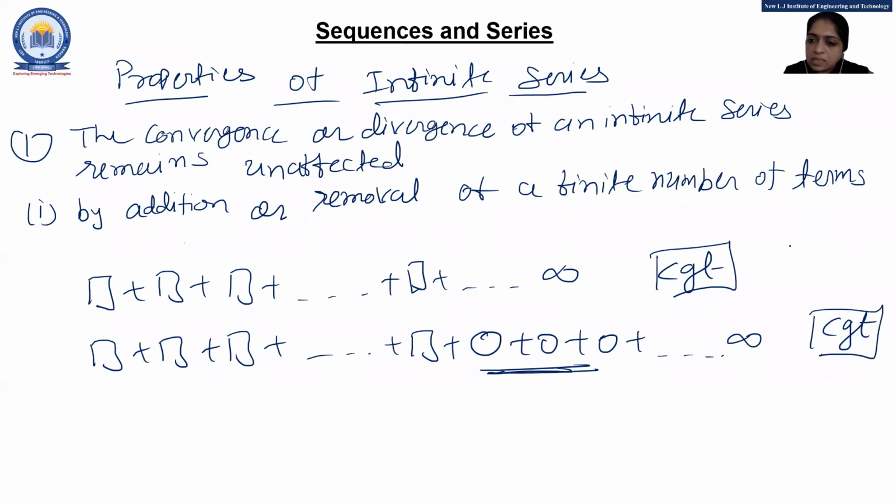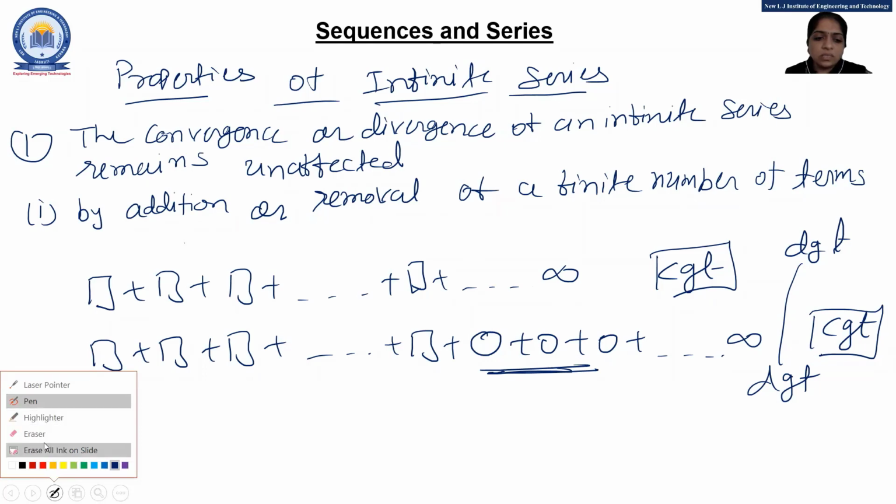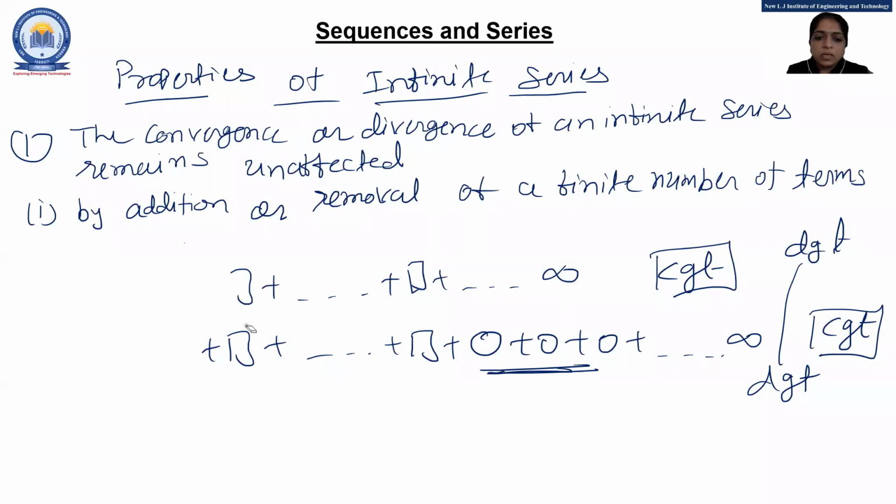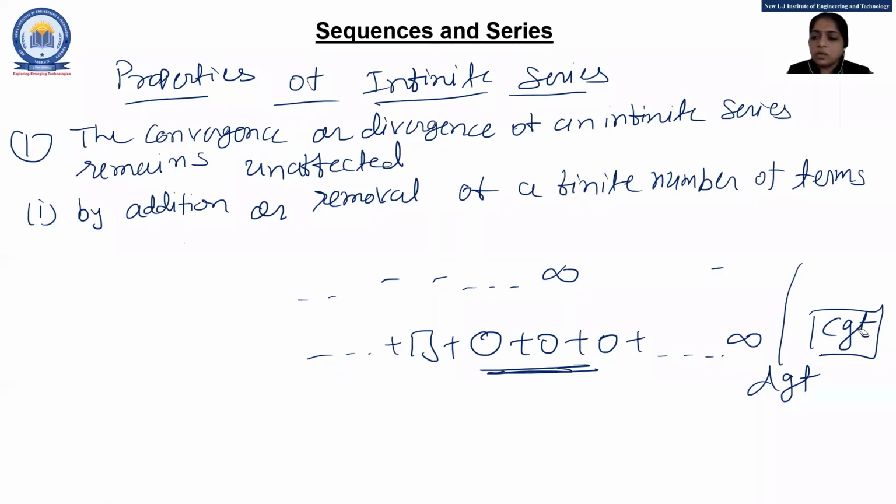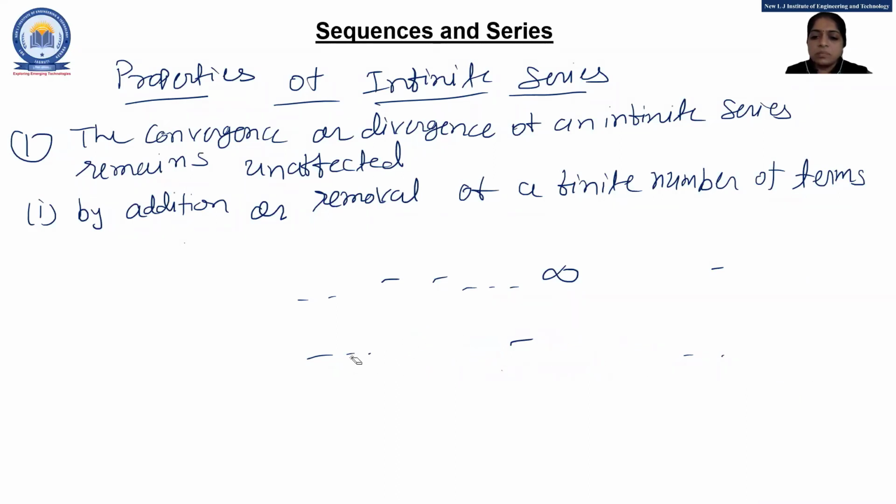Similarly, if the series is divergent, then by adding some finite number of terms, it remains divergent. It doesn't make any effect on the convergence or divergence. Similarly, if we remove some number of terms from an infinite series, it also doesn't affect the convergence or divergence.